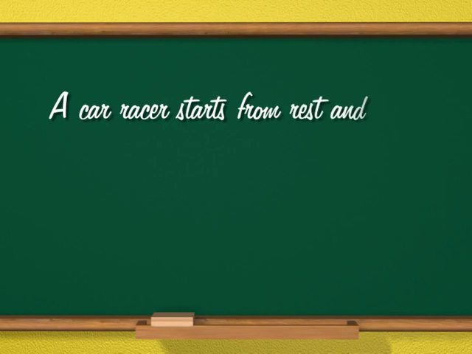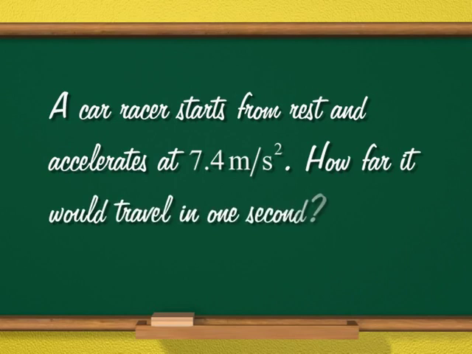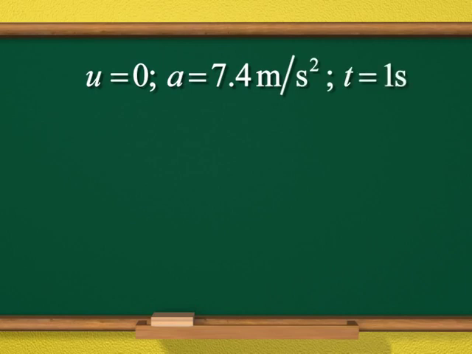Our next problem: a car racer starts from rest and accelerates at 7.4 meter per second square. How far would it travel in 1 second? It is to be noted that the initial velocity of the car, that is u, is 0 and its uniform acceleration a is 7.4 meter per second square.